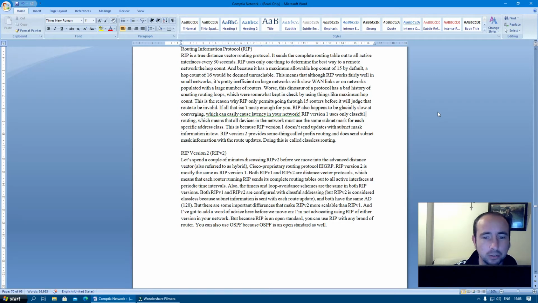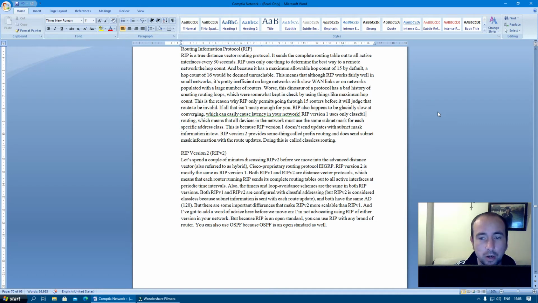This is the reason why Routing Information Protocol only permits going through 15 routers before it will judge that route to be invalid. If all that isn't nasty enough for you, RIP also happens to be glacially slow at converging, which can easily cause latency in your network.